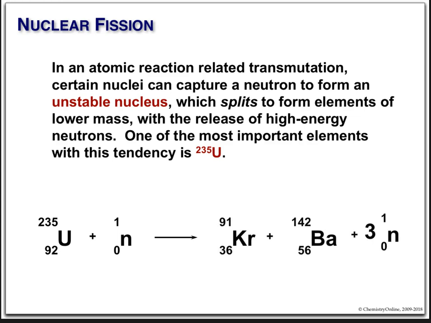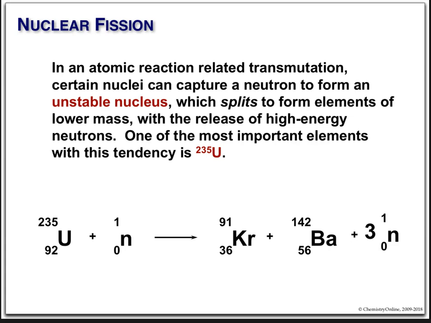What we've done in this case is we formed krypton, 36, mass number of 91, barium, 56, mass number of 142, and we have 3 neutrons. Again, these are high energy neutrons. If you add up all of these guys here, you will get 236.